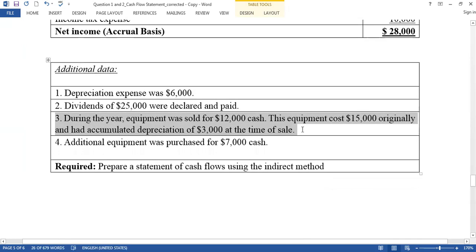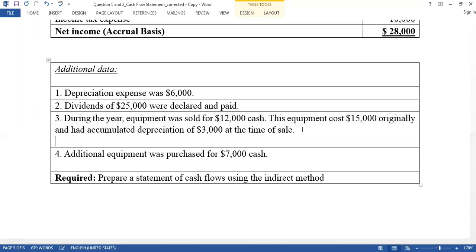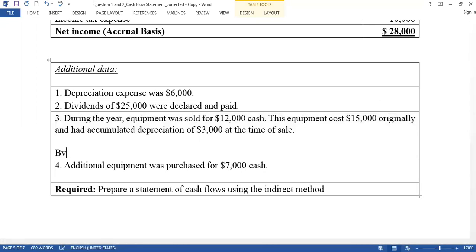Read this question and try to compare book value versus market price, to see whether we have any gain or loss.